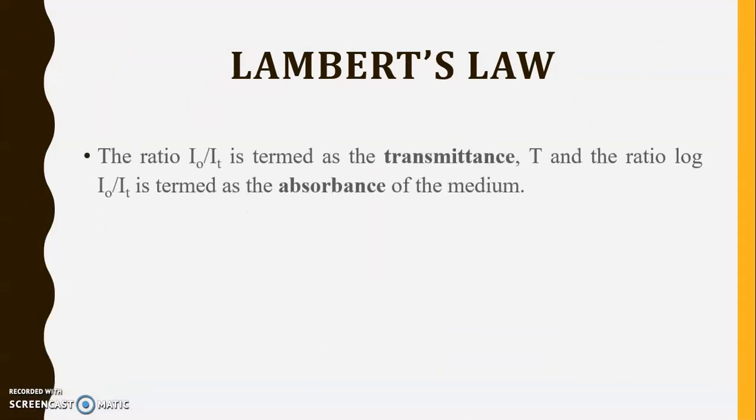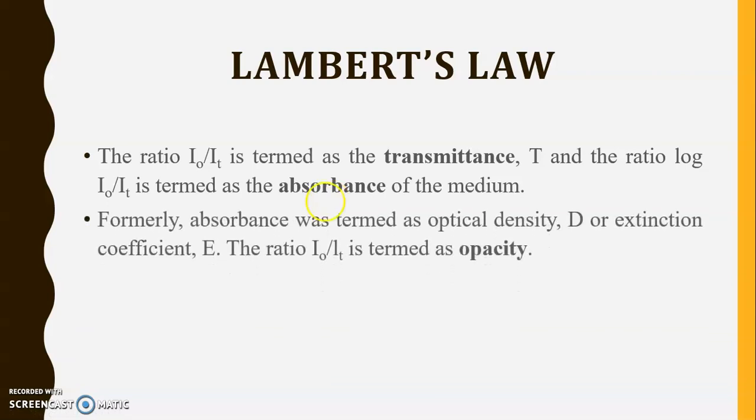Further, the ratio It upon I0 is termed the transmittance, denoted by T. The ratio log I0 upon It is termed the absorbance of the medium. Formerly this absorbance was termed the optical density or the extinction coefficient E, and the ratio I0 upon It was termed the opacity.